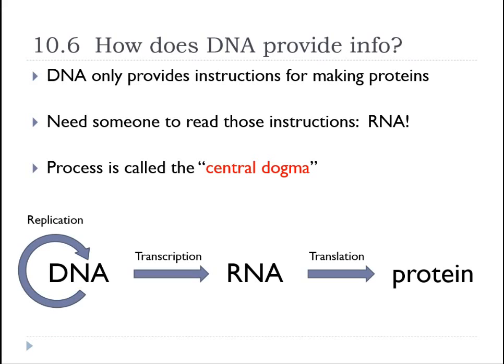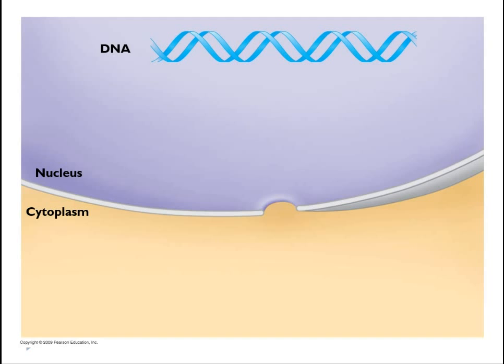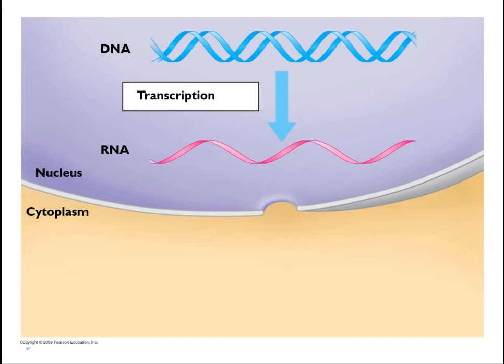So the first one, from DNA to RNA, is called transcription. You're transcribing DNA into RNA. The next one is you're translating that RNA into a protein code. And basically what happens is you have DNA in the nucleus. It does this thing called transcription, where it makes that little mRNA or RNA.